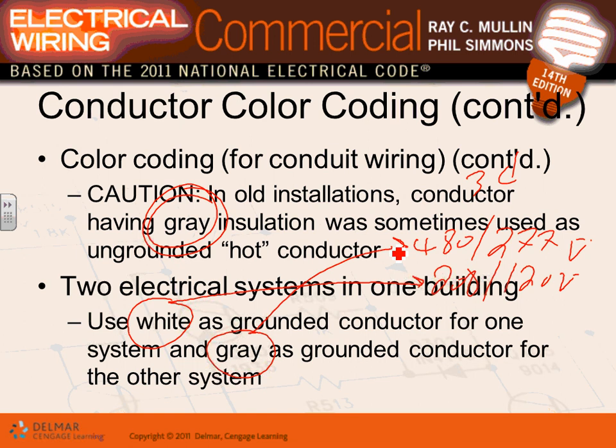Actually, you're supposed to identify all the phases and the grounded conductor, the neutral, if they enter the same box or conduit. If you're using different boxes or conduits, you don't have to do that. Any comments? And you also have to label.